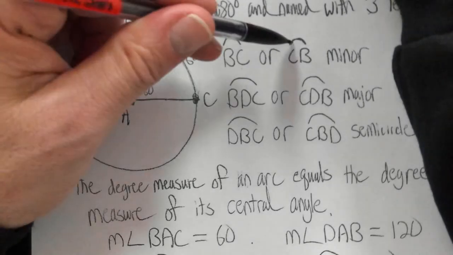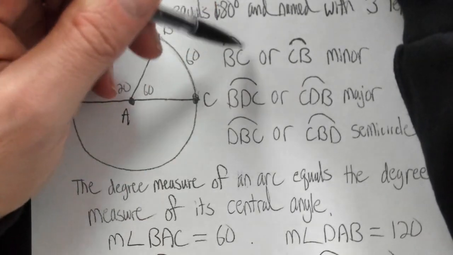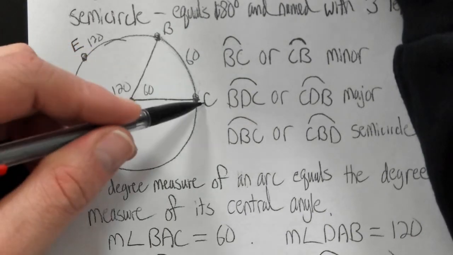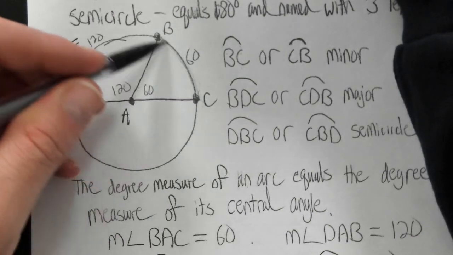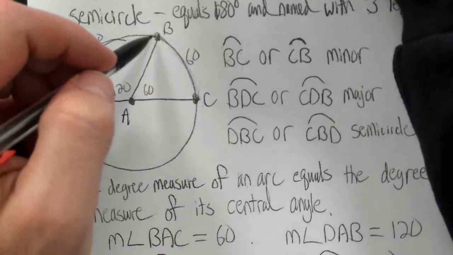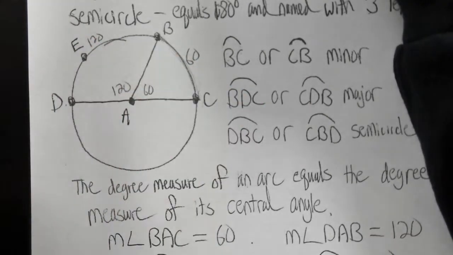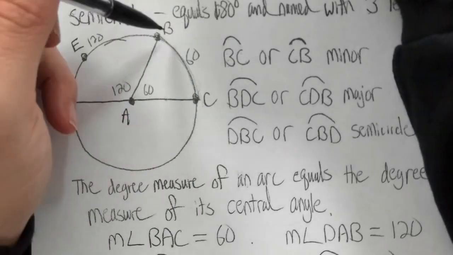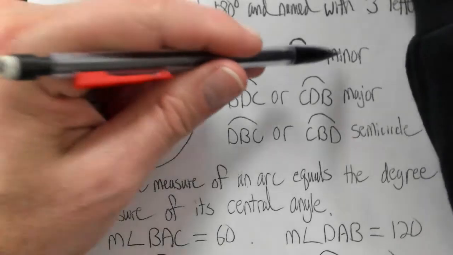Just like with a segment and a line, the letters can be reversed. Arc BC is the same thing as arc CB. They are the exact same object and can be named either way. So arc BC or arc CB is a minor arc.